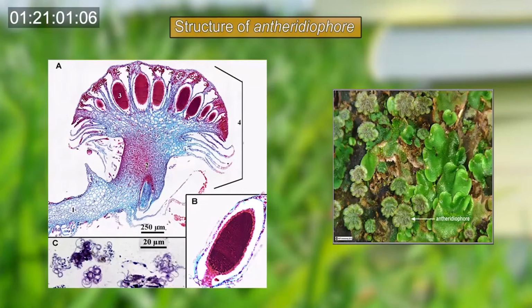The antheridiophore of the bryophytes usually consists of certain fertile cells which are protected by a jacket layer, and these fertile cells are known as the androcytes. These androcytes coalesce to form the biflagellate antherozoids.